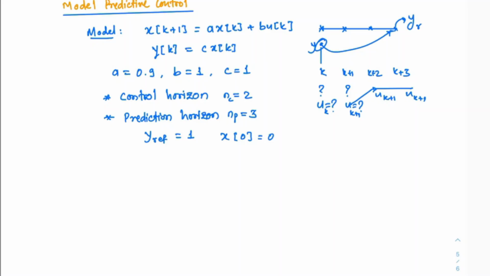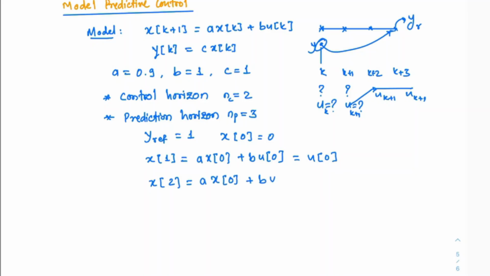So if I were to write the predictions, x1 would be a into x0, which is 0, plus b into u0. So this is 0 plus b, which is 1, so u0. x2 would be a into x1 plus b into u1.